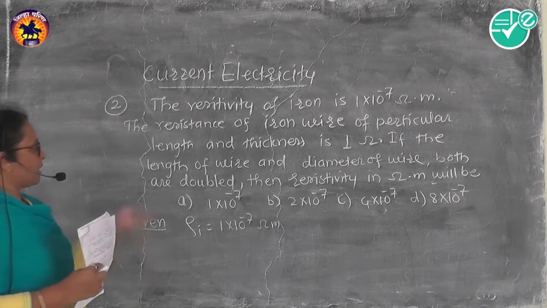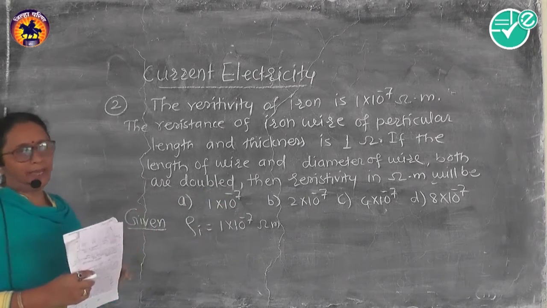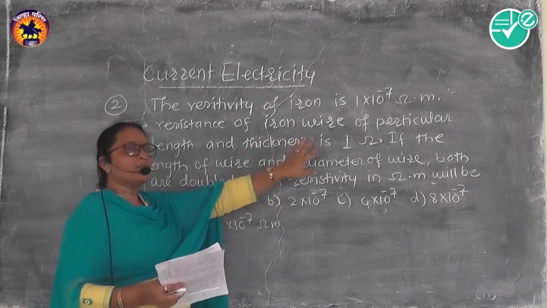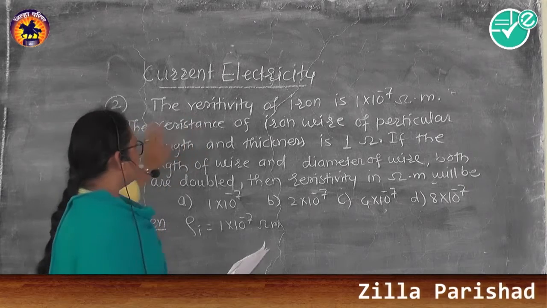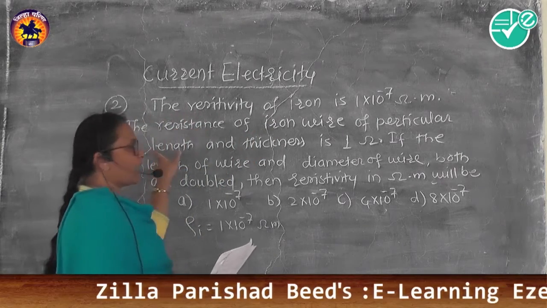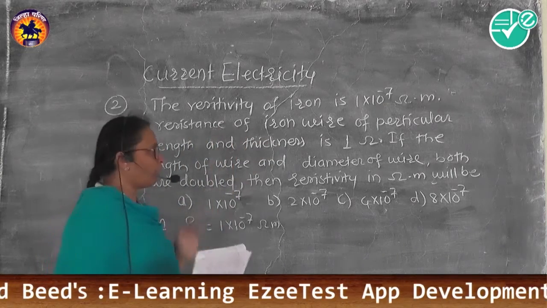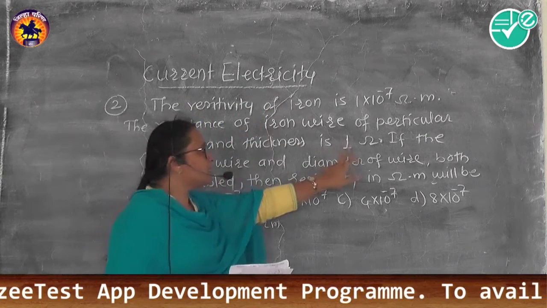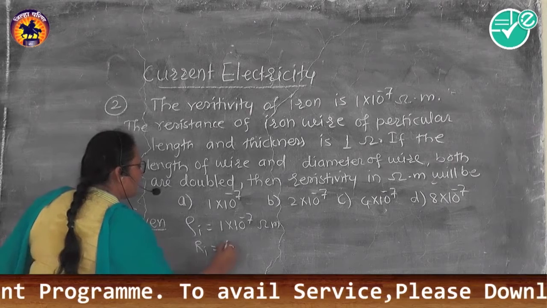And that iron wire is having particular length, let that length be L. And if it is having thickness, certain thickness means here we have to consider about diameter or radius. So it is here confirmed that iron wire is having a particular value of length as well as its diameter or radius, and that wire with this much resistivity is having resistance R, that is for that wire resistance is 1 ohm.